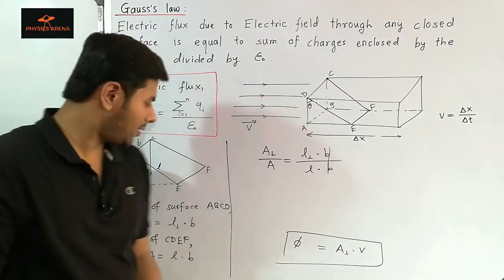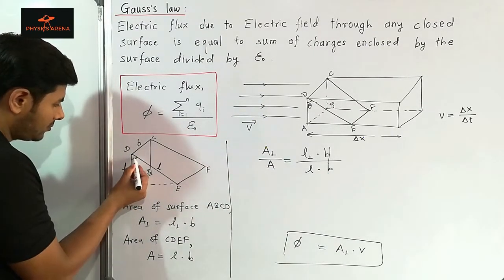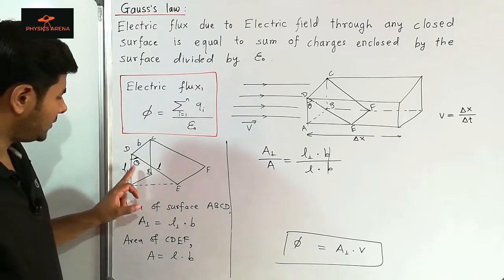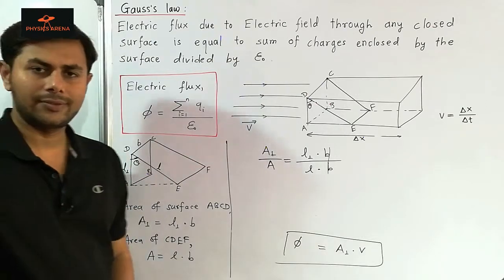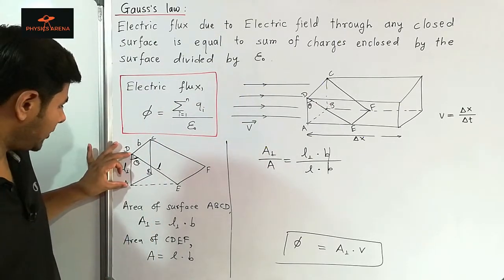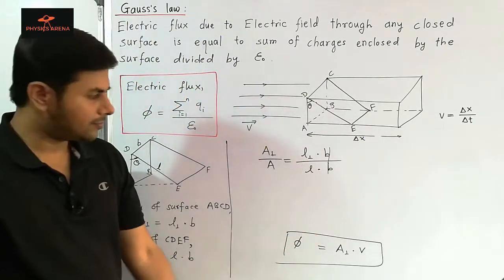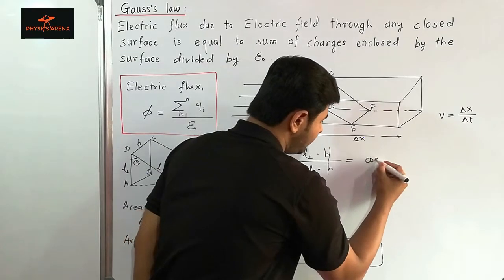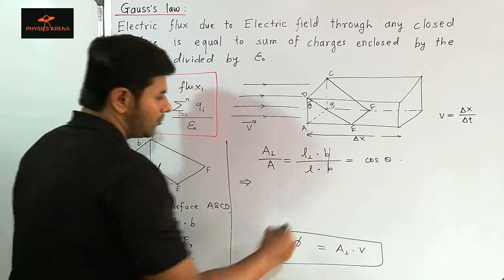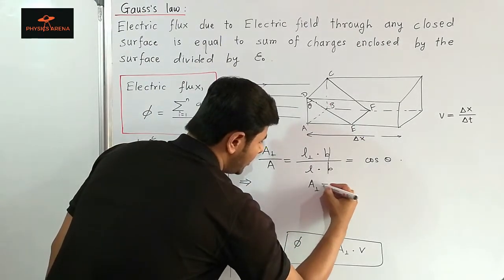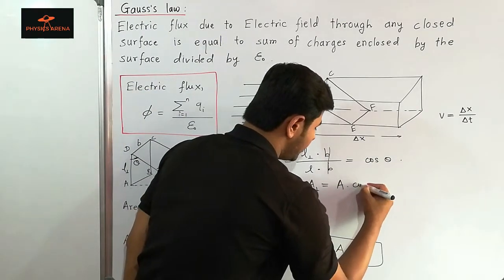And if you see in this triangle ADE, if you look at this angle theta, then cos of theta is L perpendicular divided by L. So this L perpendicular divided by L is cos theta, and hence we have A perpendicular equal to A multiplied by cos theta.